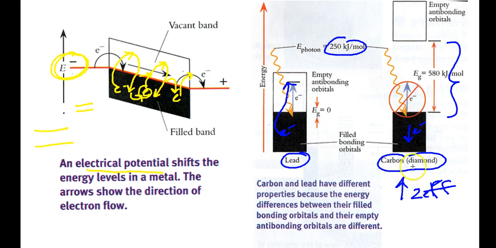And that's why carbon diamond is a terrible conductor of heat and electricity, whereas lead is much better. So the properties of our nonmetals, our small atoms with high Zeffs, are terrible conductors because that high attractive force contracts these electrons closer to the nucleus and makes these bands smaller, so that the gap from this continuum to the higher energy is too big.